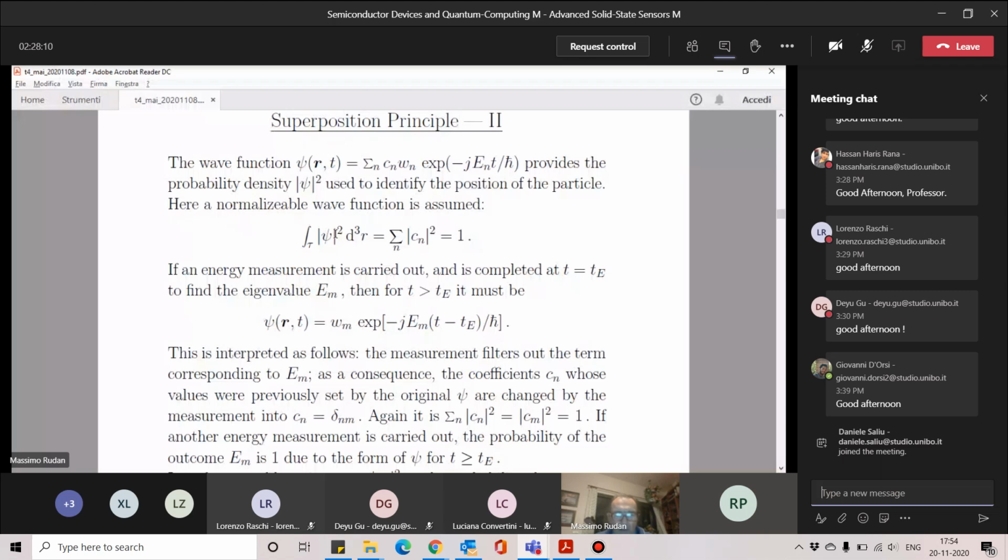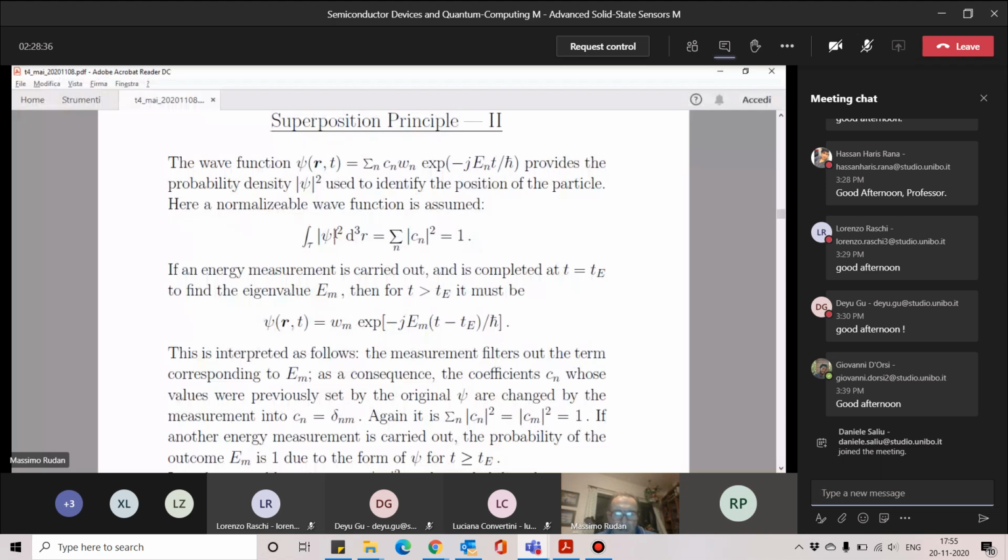So before the measurement we had all coefficients, and the square moduli of them summed up to 1. After the measurement of energy, we have only one coefficient, and of course its square modulus is equal to 1. Before the measurement, we did not have much information about the energy.